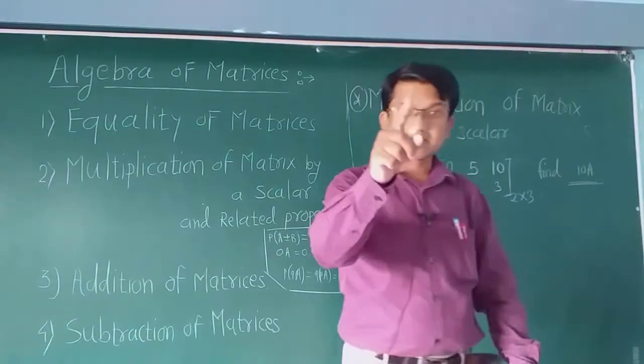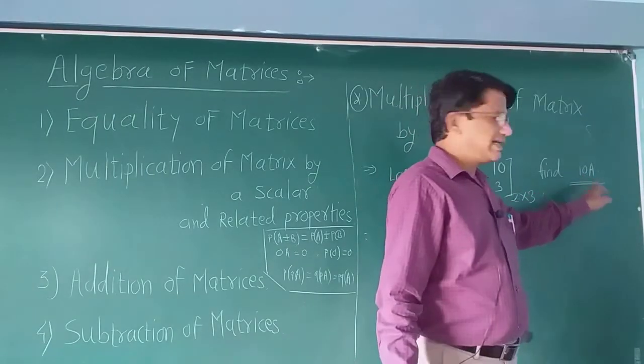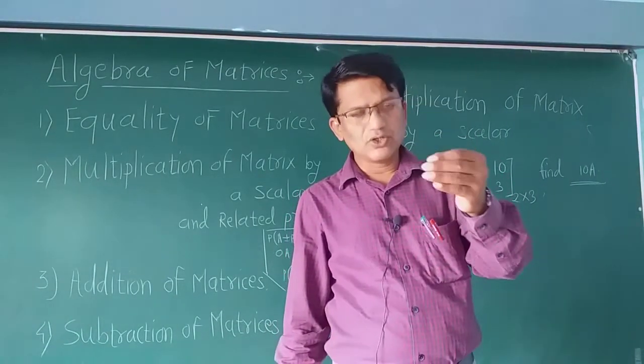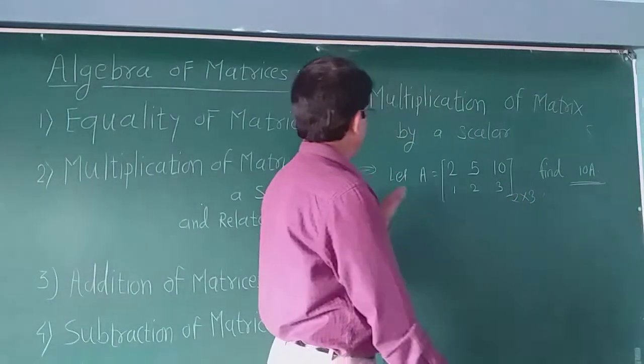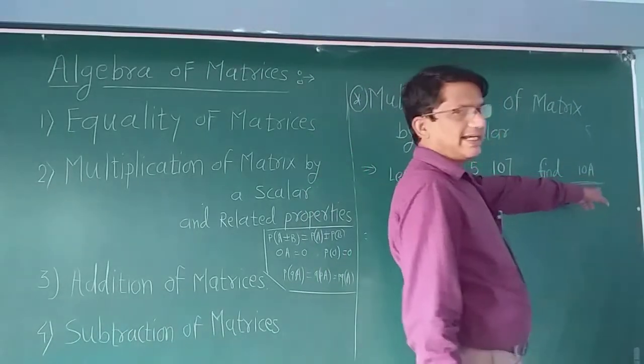Look here, which number is here? 10. 10 is a scalar. Instead of 10, we can take 3, 2, minus 1, root 1, any number, so that is a scalar. So let A equal this matrix, then find 10A.